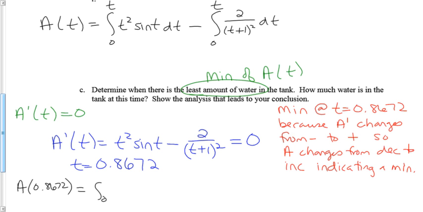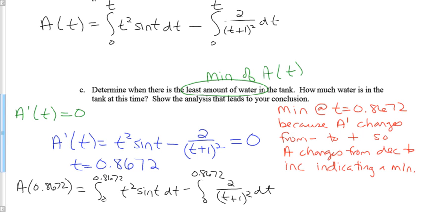It's going to be the integral from 0 to 0.8672 of t squared sine t dt minus the integral from 0 to 0.8672 of 2 over (t plus 1) squared. Now, I got to remember where I stored this. I stored this thing in B. So go back to your graphing calculator. Let's input this in fnInt.